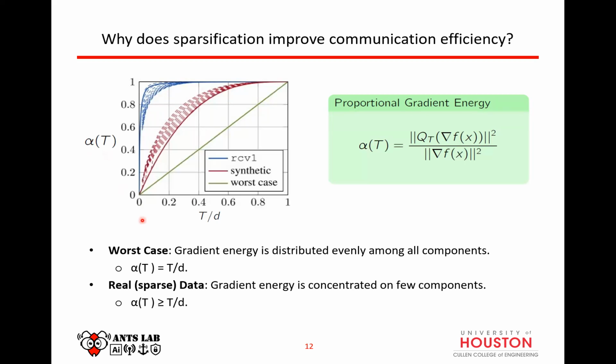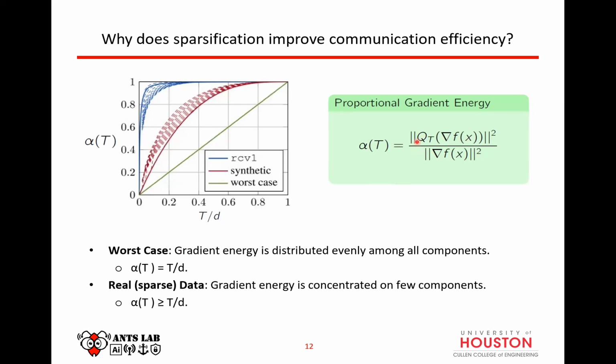They say that in the worst-case scenario, the green line, this gradient energy becomes equal to T by D, which means that the gradient energy is distributed evenly amongst all components. So in this case alpha_T will be equal to T by D. That's why you see this kind of line. And for real data, for sparse data, they say that your gradient energy is actually concentrated on only a few components.